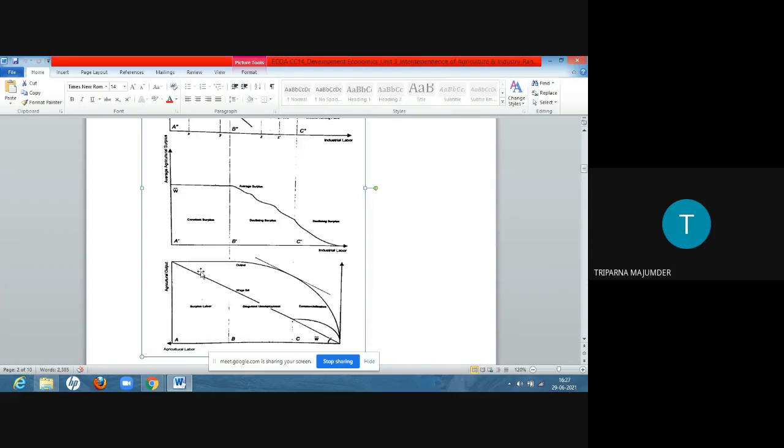If we move labor from this sector to somewhere else, the agricultural surplus opens up, and this is given by the vertical gap between the production and wage bill line.